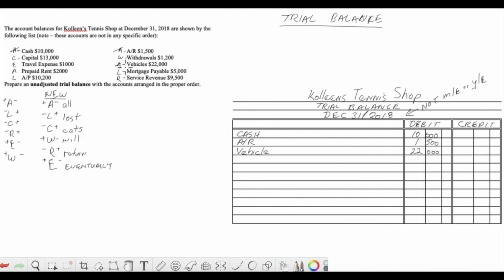Check, so that's done. Is there any more assets? Oh yeah, the prepaid rent. Prepaid rent, and that is $2,000.